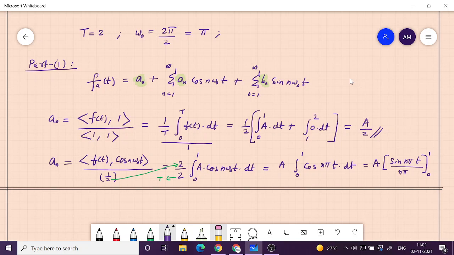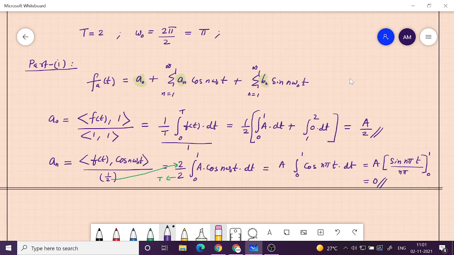So now, when you put the upper limit t equal to 1, it is sin n pi. What is the value of sin n pi? It is 0. And sin 0 is 0, so this is going to be equal to 0.